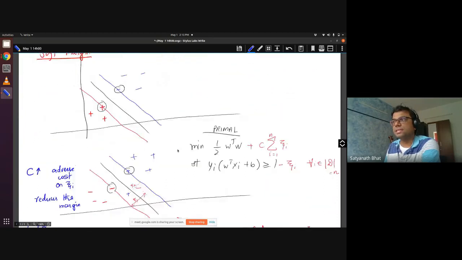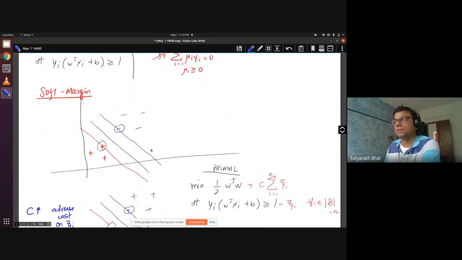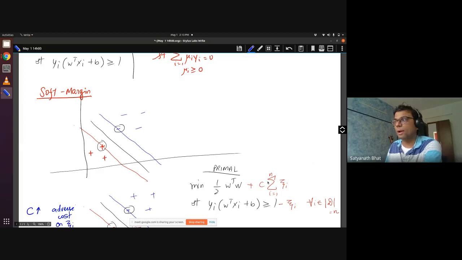I'm not saying that C equal to infinity makes this problem identical to this, because this will only work on problems which are linearly separable. Here there is inbuilt, no matter how large a C you choose, there are always xis here. So there is a tolerance that is built in, and this will always converge to something. And in our problem formulation, whenever we are doing an optimization problem, all our variables have to be finite.